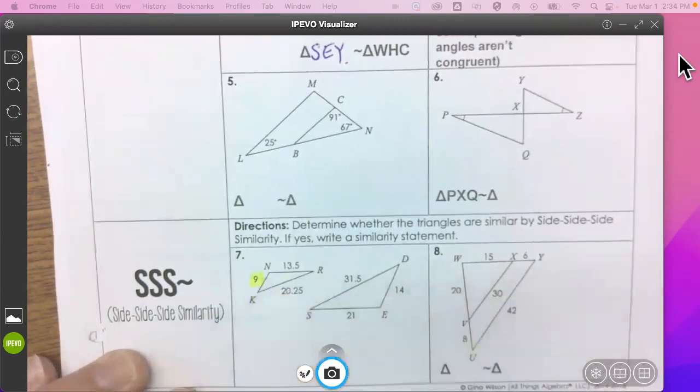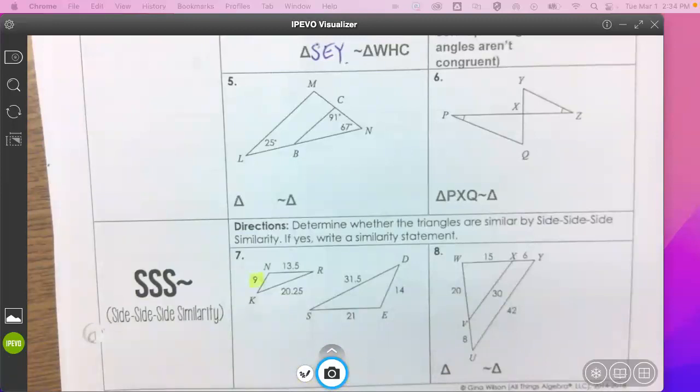But here's the challenge. Am I looking for 9 going up to 31.5, or 9 going up to 21, or 9 going up to 14? How do I know how they correspond in a line? I like your idea of using size because it's very distinct in a triangle.